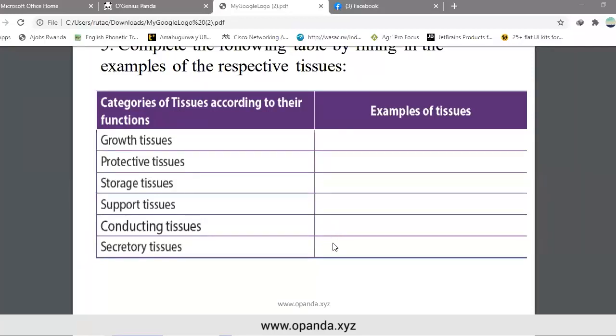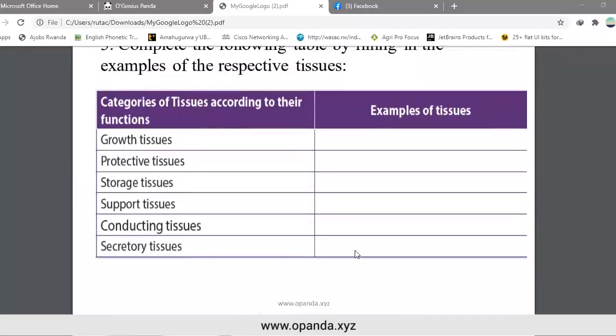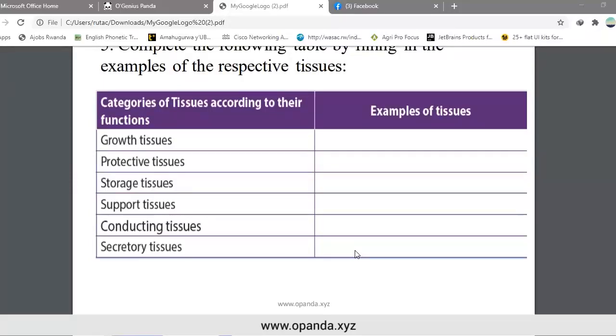Vascular tissues, good. Aline, for secretory tissues. For secretory tissues, I can put there those like parenchyma. Let me search for another one. I don't agree with you 100% about secretory tissues as parenchyma.